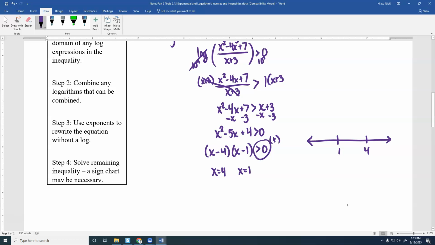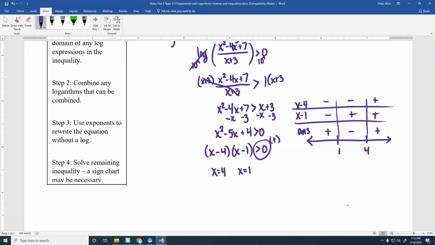And then I put my pieces over here, x minus 4, x minus 1, and our answer. Okay, and I'll get negative, negative, positive here, negative, positive, positive. I'm going pretty fast for the sake of time here. Positive, negative, positive on that bottom line. I'll do another one of these tomorrow if I'm going too fast for you.